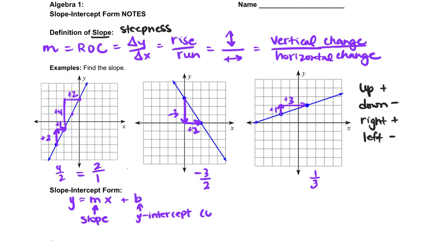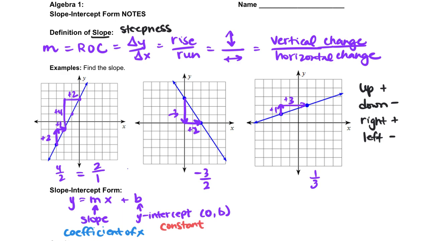And so it is written as an ordered pair as (0, b), whatever that value is, the y-intercept. One thing we want to take into consideration here is the slope is the coefficient of x. So it's the number in front of x. And b is the constant in the equation.